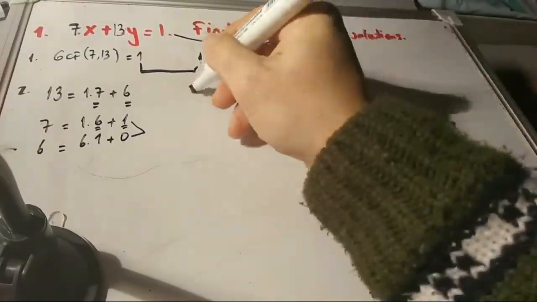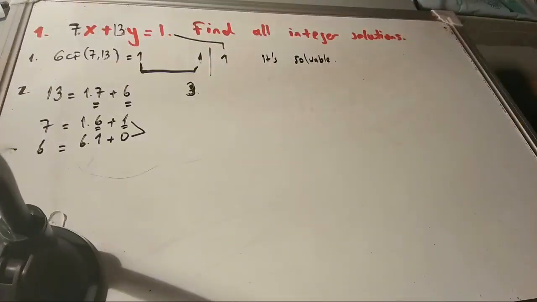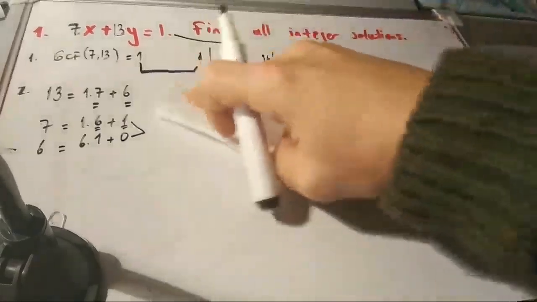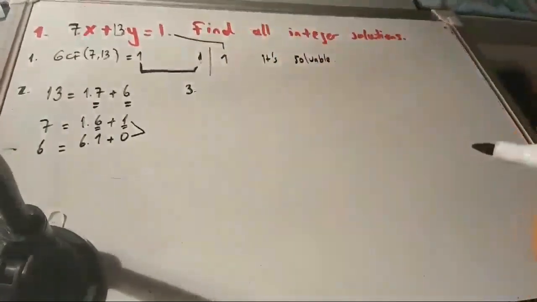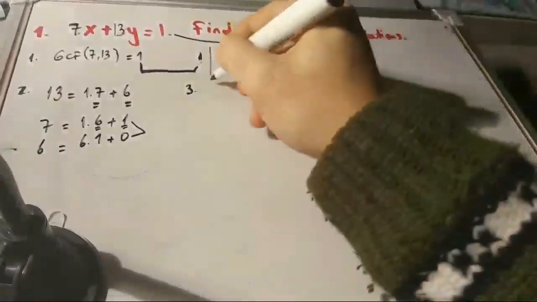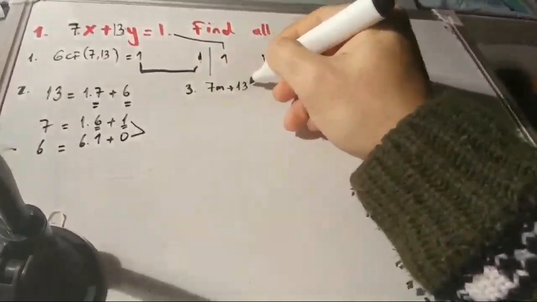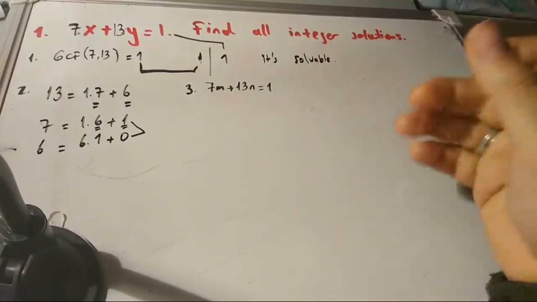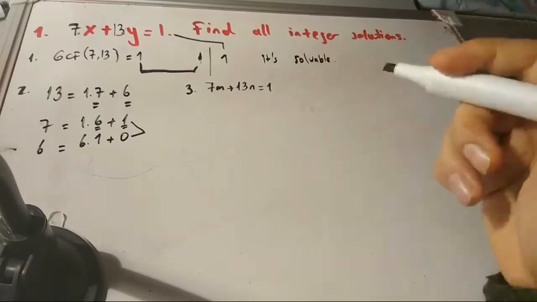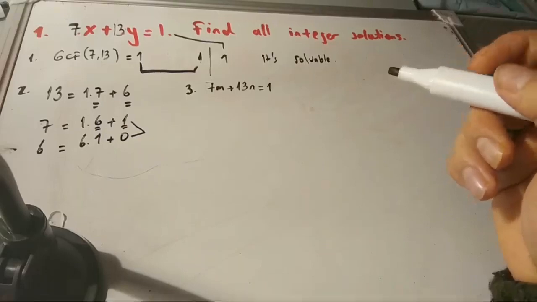For step 3, we are going to take the values m and n, where 7m plus 13n is equal to 1. And we found that the greatest common factor of 7 and 13 is 1. So can you tell me the possible values for m and n?